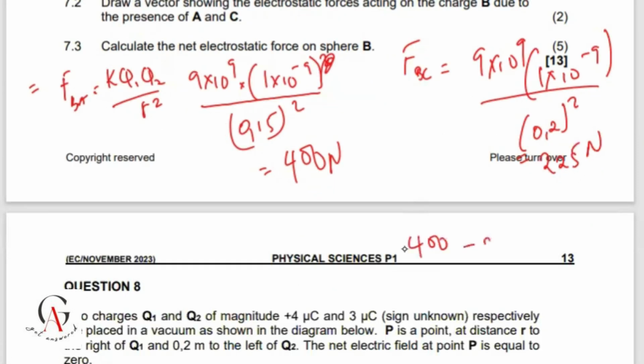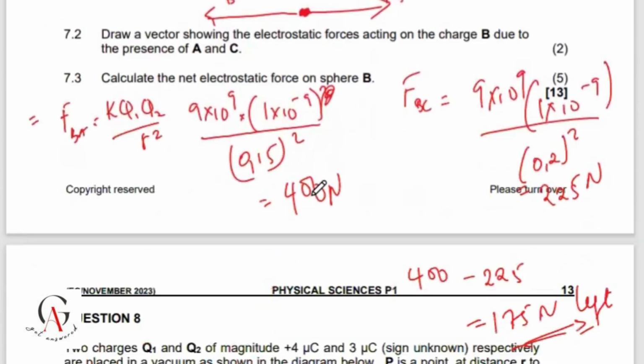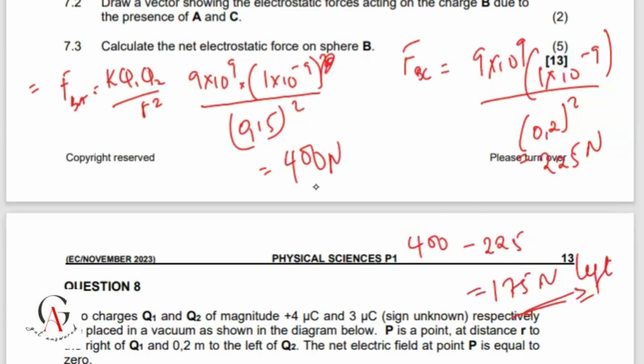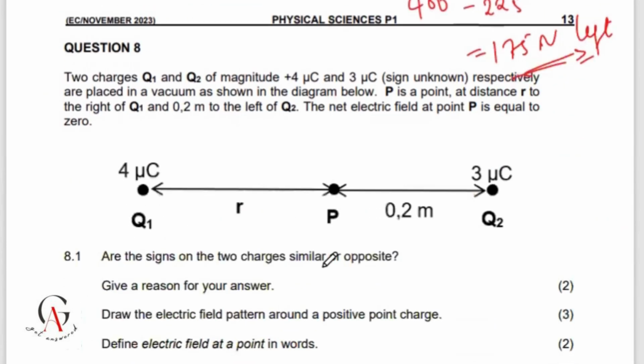So 400 minus 225, we're getting 175 newtons. But this is going to be to the left, since the left force is bigger because of the smaller distance of separation.